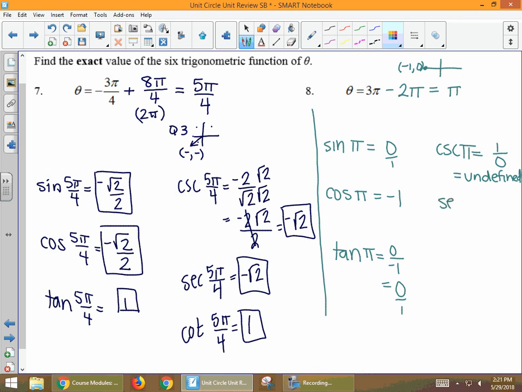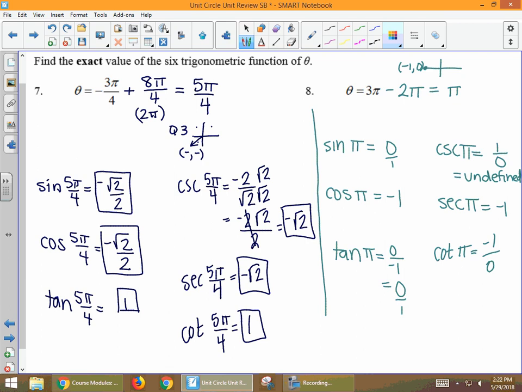Secant at pi, if we flip negative 1, we get negative 1. Remember, all of our whole numbers, you can imagine them over 1. And cotangent at pi, we're going to flip either 0 over negative 1 or 0 over 1.